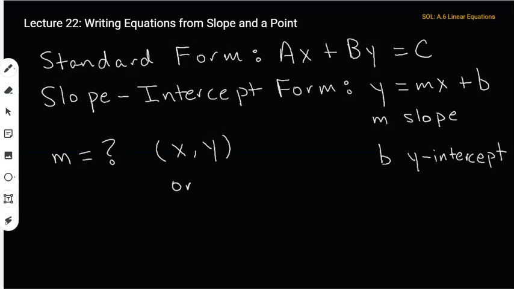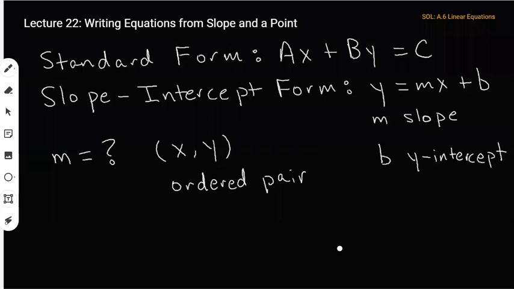So if you're ever dealing with an ordered pair, you know that the x value is always going to come first, and the y value is always going to come second. So we're going to be using that m number, the slope, and we're going to be using x and y, where x and y are going to be numbers.